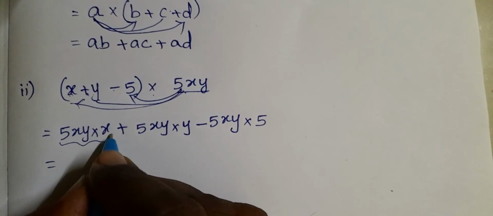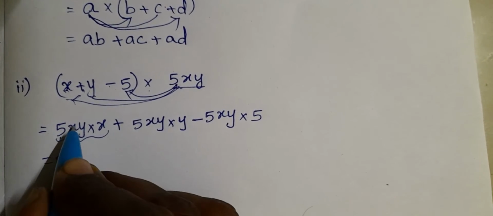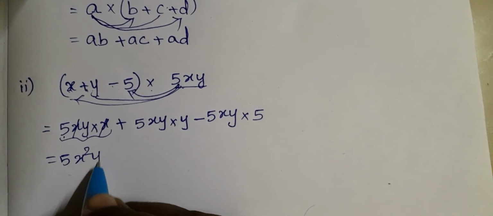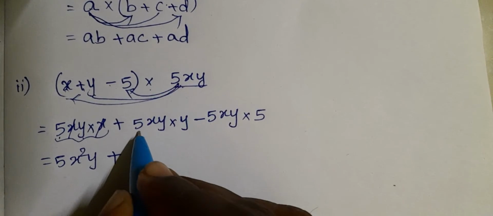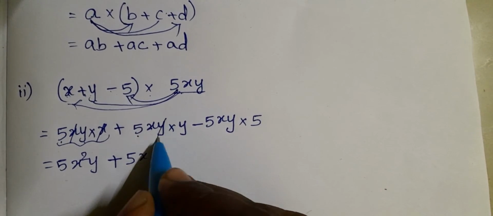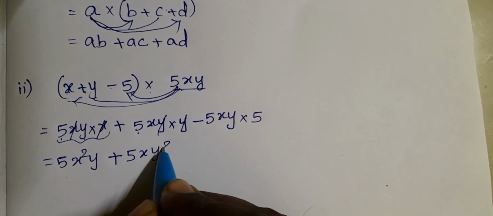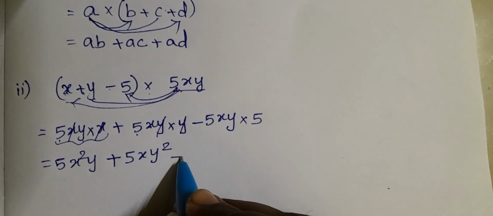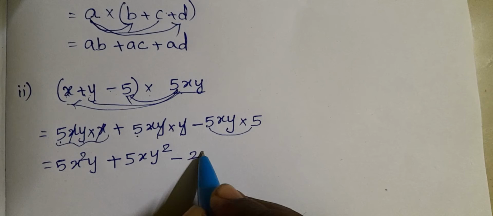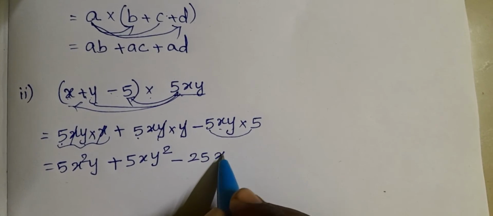Let us multiply this. 5xy into x is 5x square y, plus 5xy into y is 5xy square, minus 5 fives are 25xy.